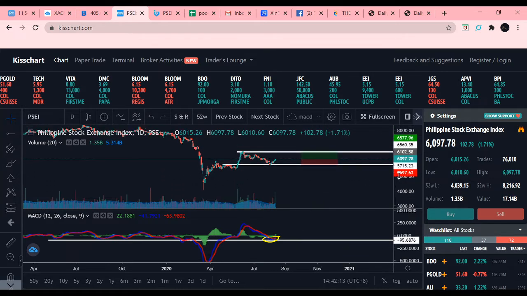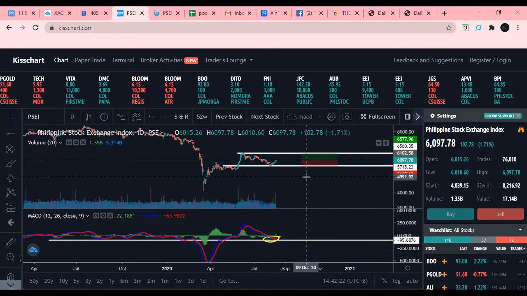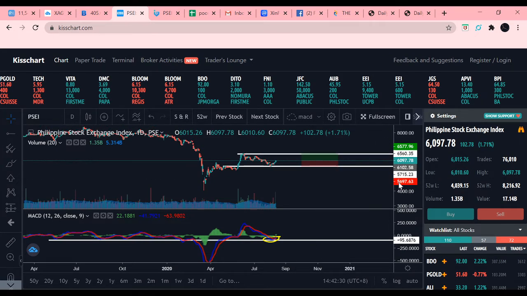Kung ano man yung maiwan ko na position, yun na lang yung i-roll over ko. Actually, yung pinambili ko ng mga stocks na yun is galing din sa cryptocurrencies or sa global markets ko na trades. So, I think that's it for the PSE. I'm expecting a more slow recovery from here and to catch up with the global indices.